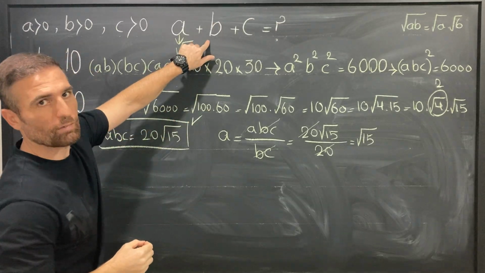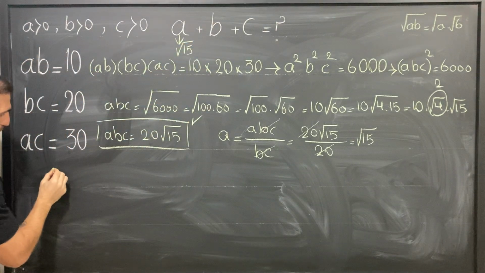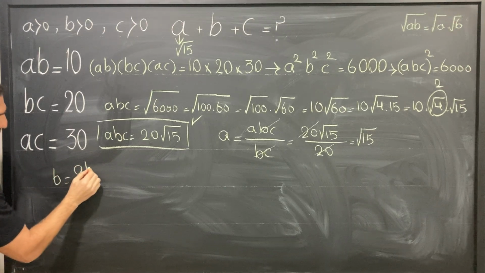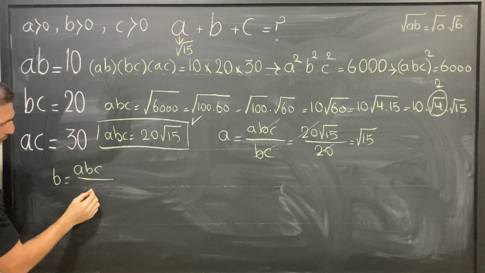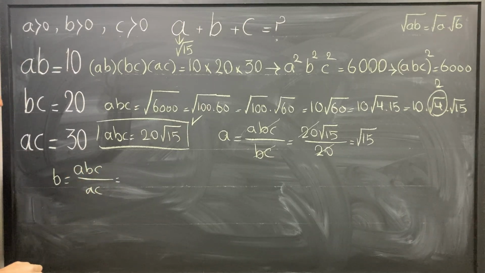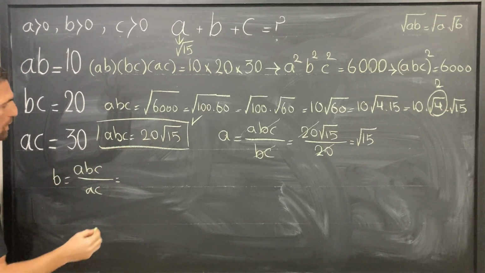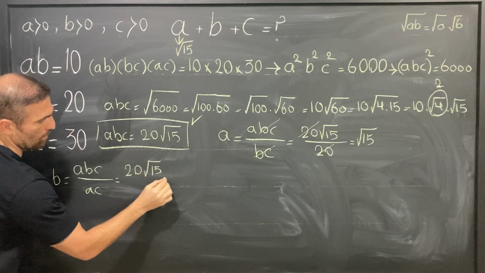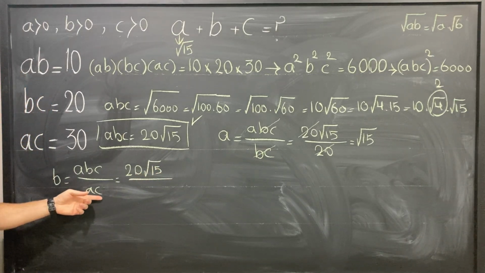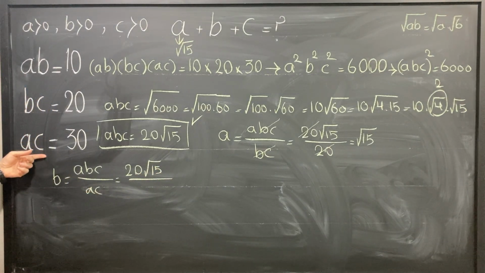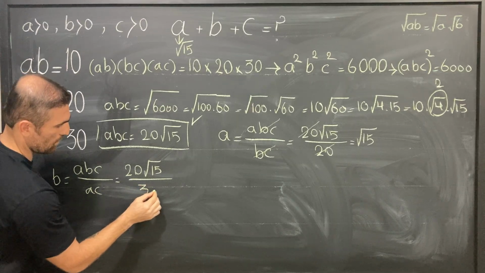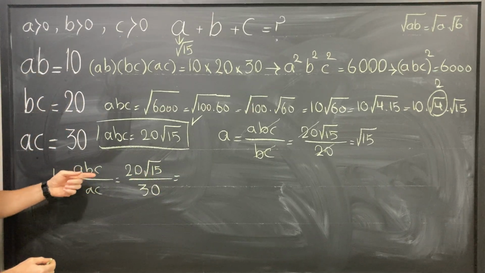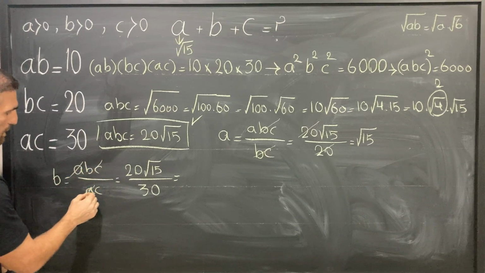Now I'm going to find the value of b. To find the value of b, I'm going to divide abc by ac. We have the value of abc is 20 square root of 15. The value of ac, the question says 30. This ac, this ac cancels off.